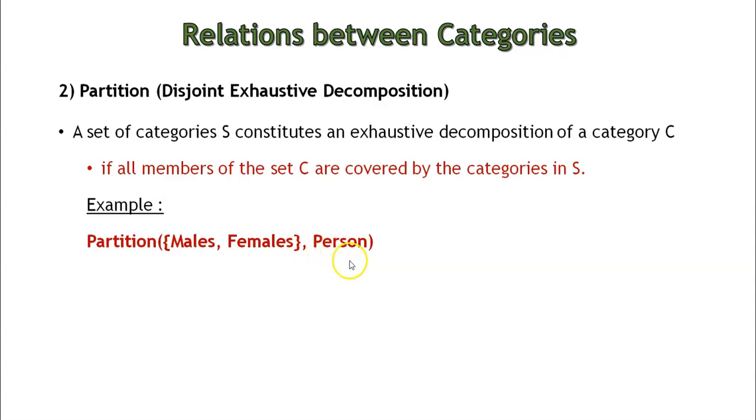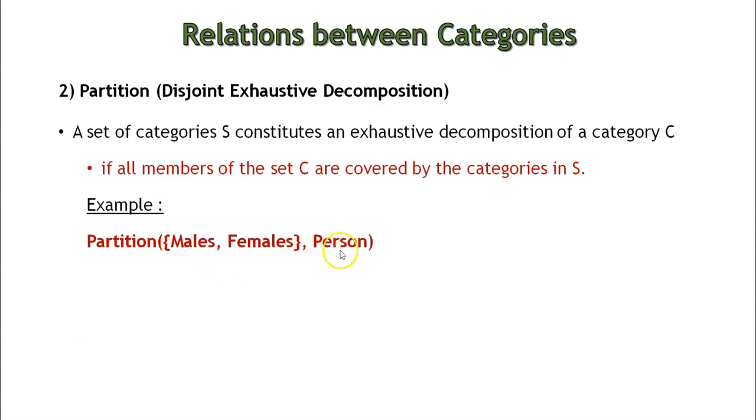If all the members of the set C are covered in the categories males and females, then males category and females category together in a set constitute an exhaustive decomposition of the set called person.